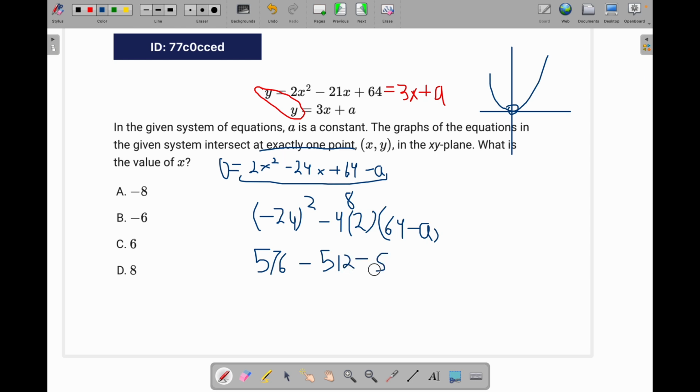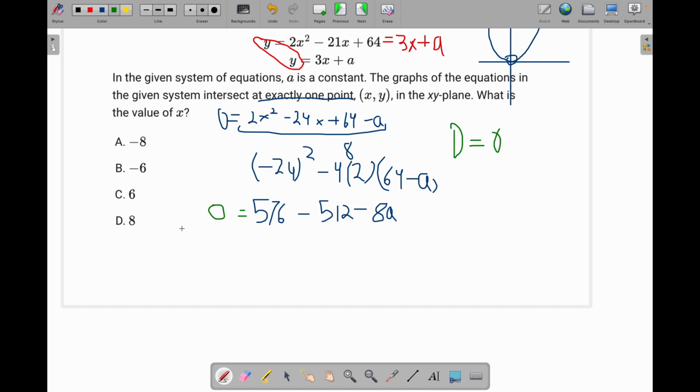Now we have this. When we have one solution or one point, our discriminant is going to be equal to 0. So now we can just set this equal to 0. Let's combine 576 and negative 512. And what you'll get then is equaling 0.